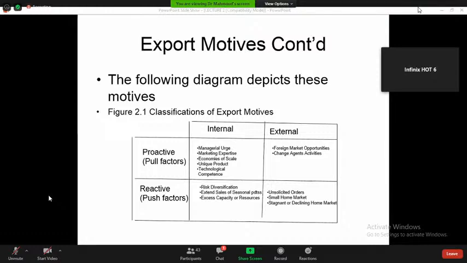Yes. Okay, good. Now, when we say a change agent, the change agents are firms that create the enabling environment for export or internationalization to take place. Any firm, it could be government, it could be private, that creates an opportunity for firms to take advantage.